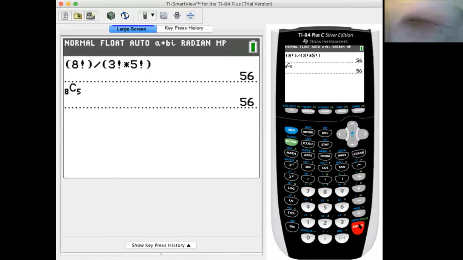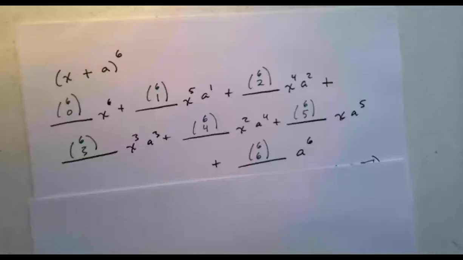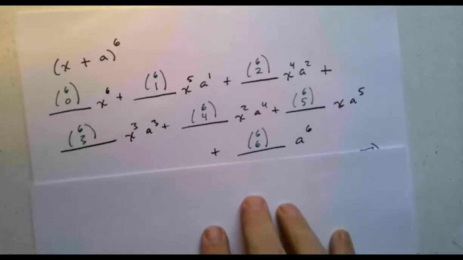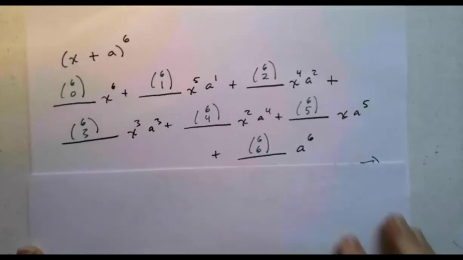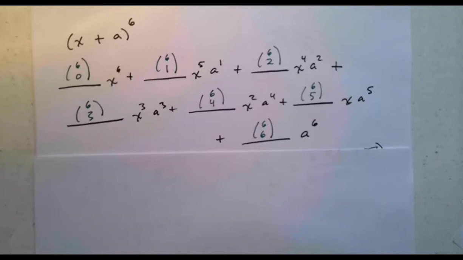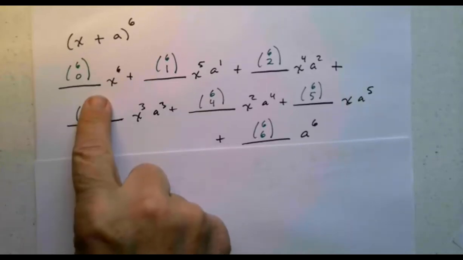So that when we come back to this, if I want to do x plus a to the 6th power, I can get all of those combinations from the graphing calculator. So you'll notice, what do I have first? First thing I have for x plus a to the sixth, I have 6 choose 0 x to the sixth.